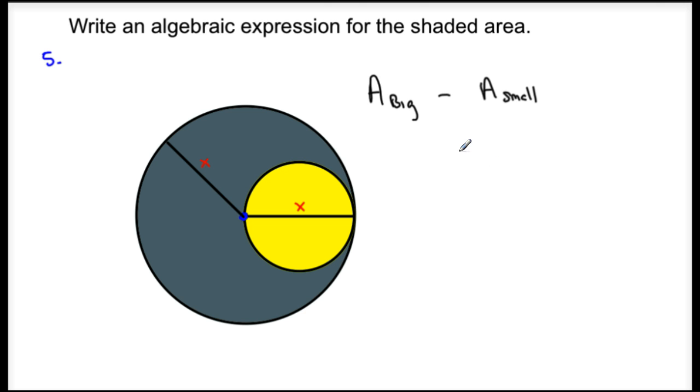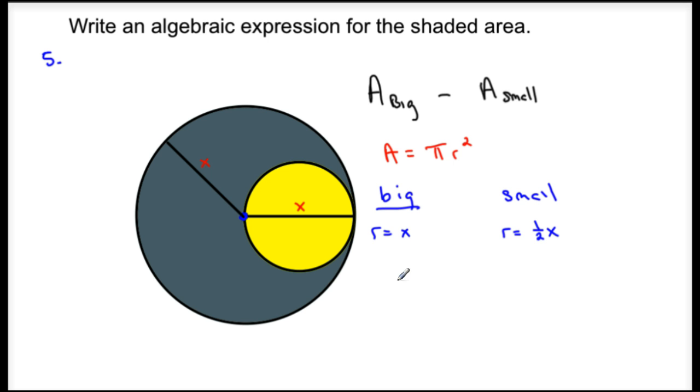Just to recall, the area of a circle: area equals pi r squared. For my big circle, the radius r is equal to x. For my small circle, r is equal to 1/2 x, because the x in this case represents the diameter, so half the diameter will be the radius, half of the x.